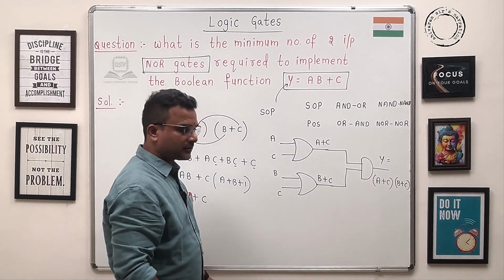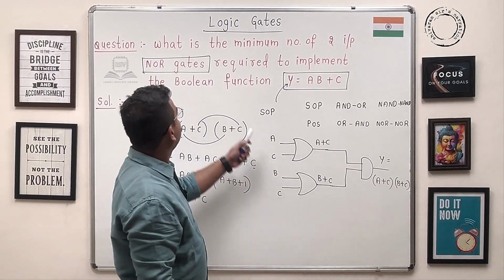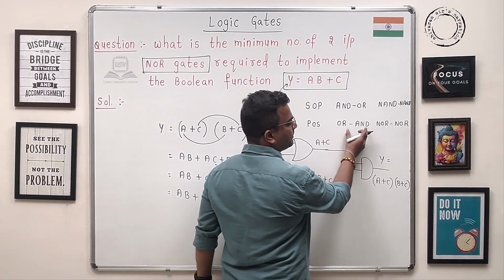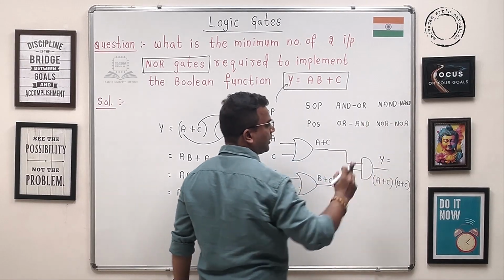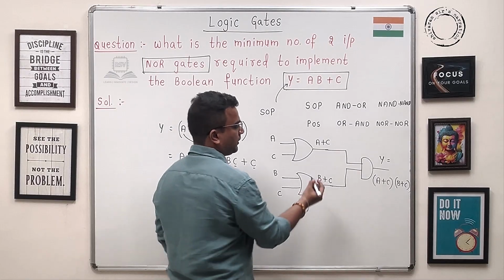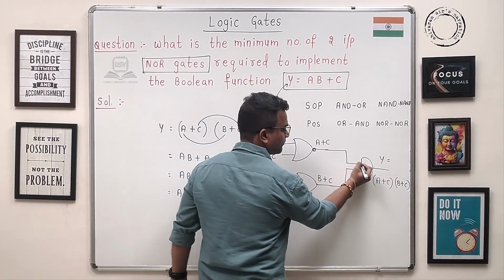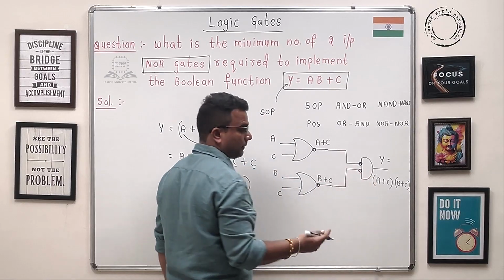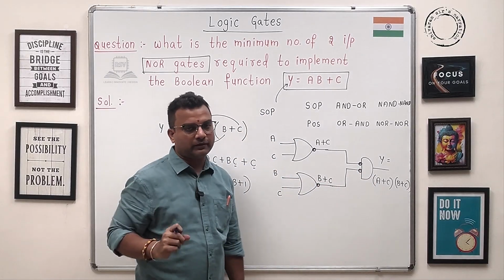Isn't it? Yes. But here the question is two input NOR gates, and we only told OR AND implementation can be done by NOR also. How? Let's take here two bubbles. Therefore, nothing will happen to the implementation because A bar whole bar is A only.